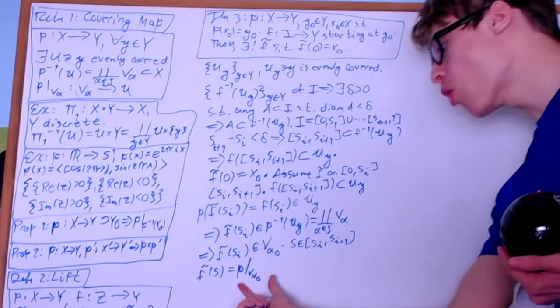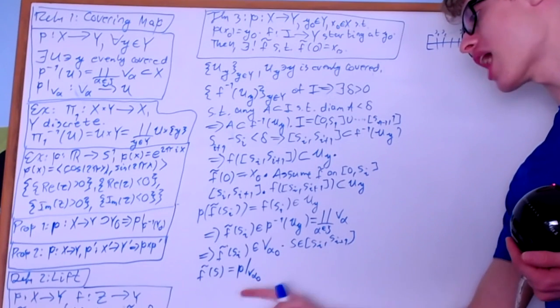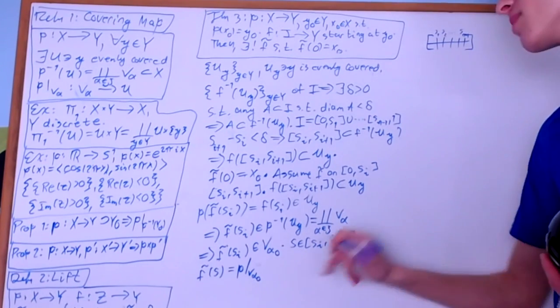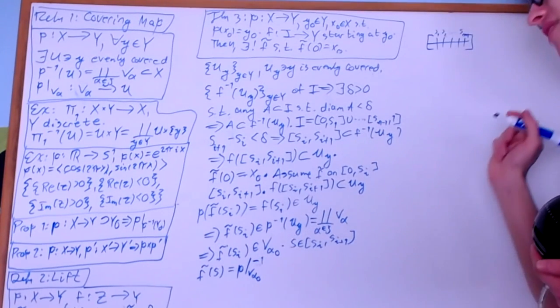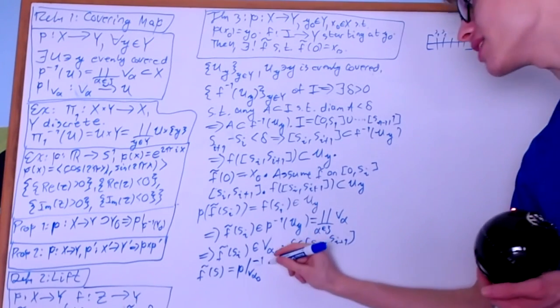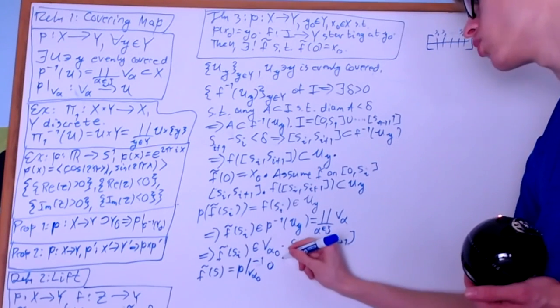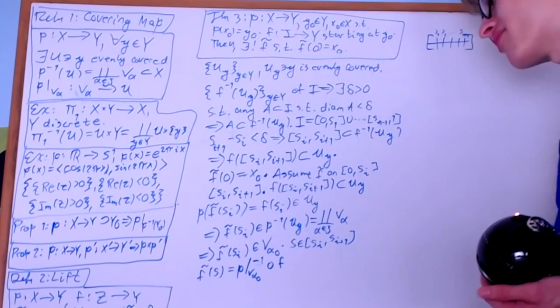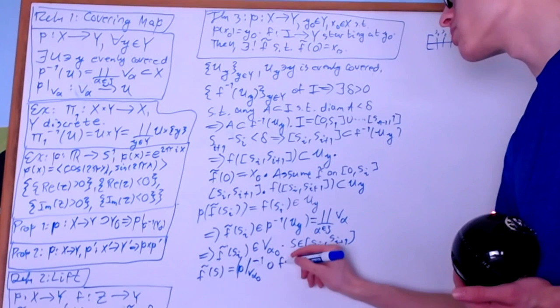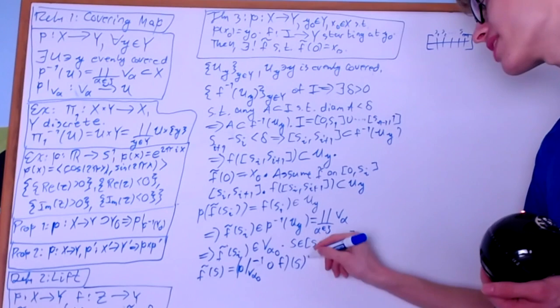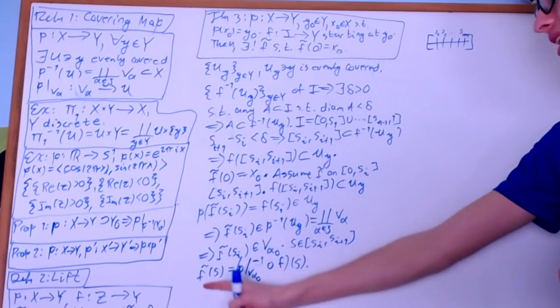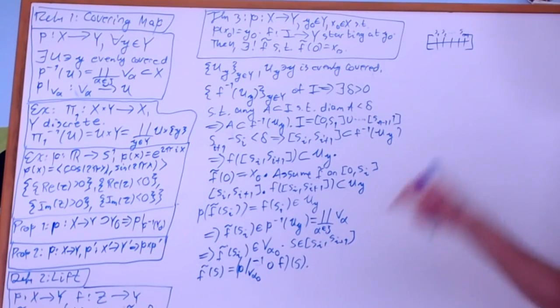So this is a homeomorphism from V alpha naught onto our Uy. Because it is a homeomorphism, we can take its inverse and have it remain continuous. Then we can compose it with our f, which is also continuous. And so we result in a continuous map right here, and we can apply that to S. And that's how we define f tilde for S in this interval.